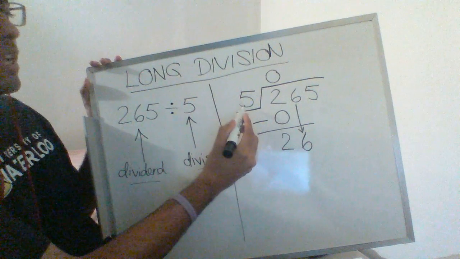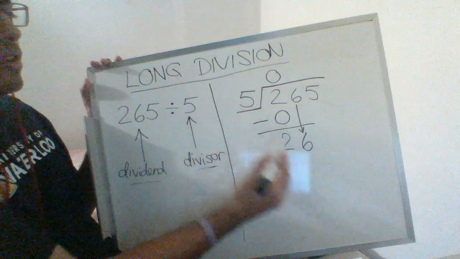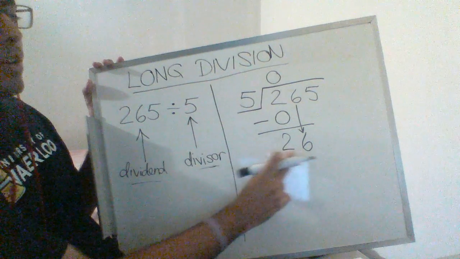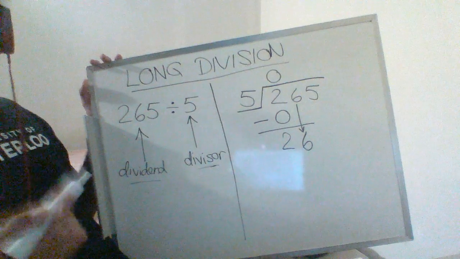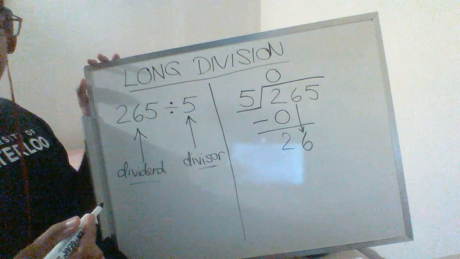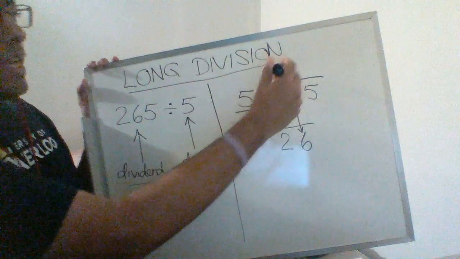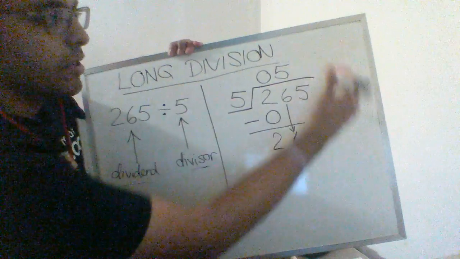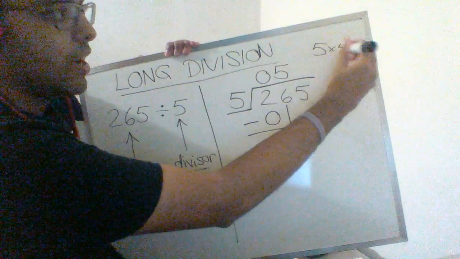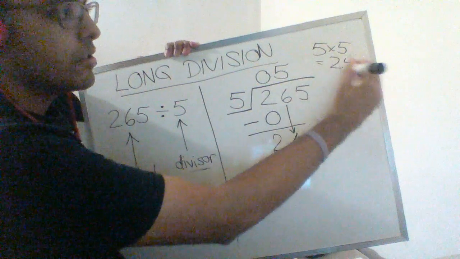Now we ask ourselves again, how many times does 5 go into 26? So now we're looking at this number down here. And you can count that out if you haven't figured it out already, but the answer is 5 times, so we'll put 5 up there, and you can always check: 5 times 5 equals 25.